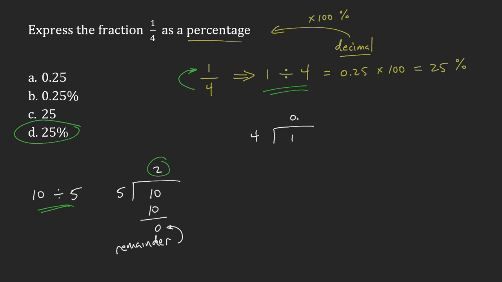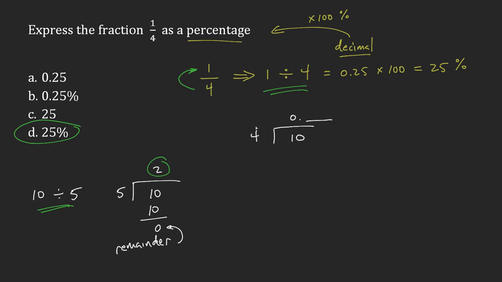If you get a 0, put a decimal after it. There's going to be some values here. The way I can figure out what these values are is I tag a 0 onto the 1, so now it's become a 10. You can do that if you put this decimal in.